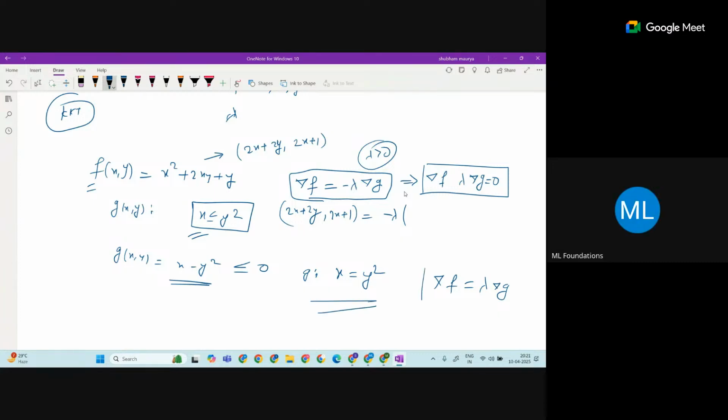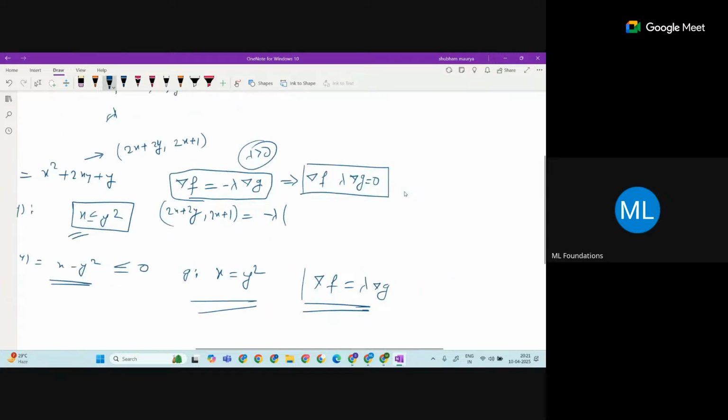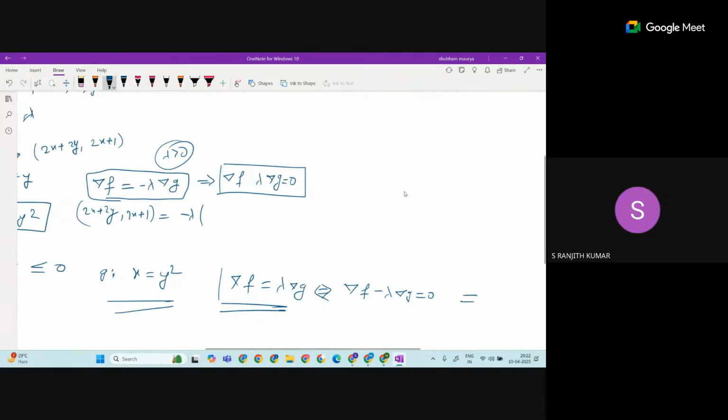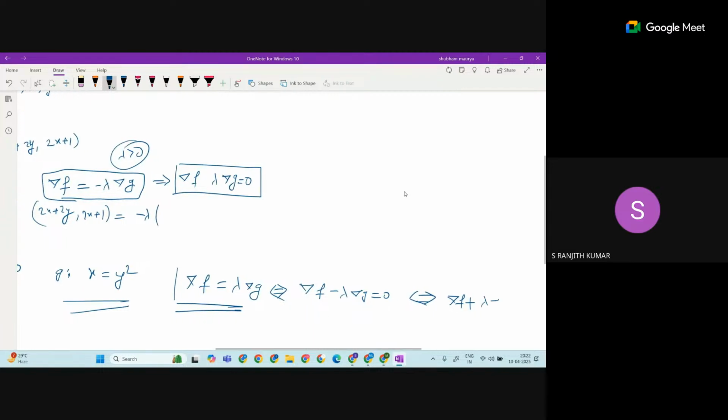In that case, either you write this one, or gradient of f minus lambda times gradient of g equal to 0, or you write the positive one also, because we didn't have a scenario of a negative lambda of del g. Lambda could be anything in the case of an equality constraint.